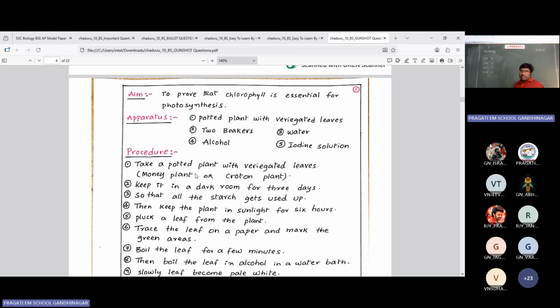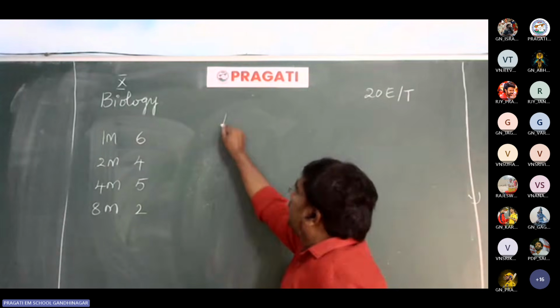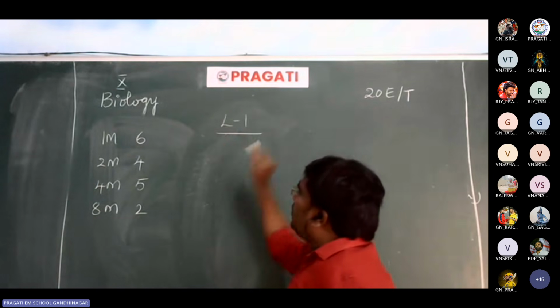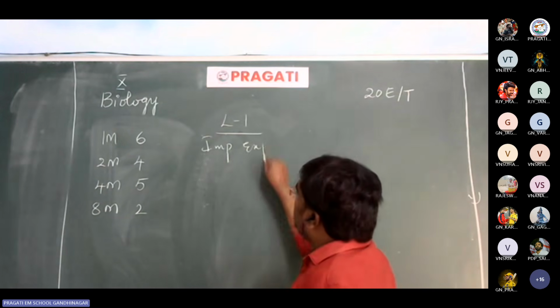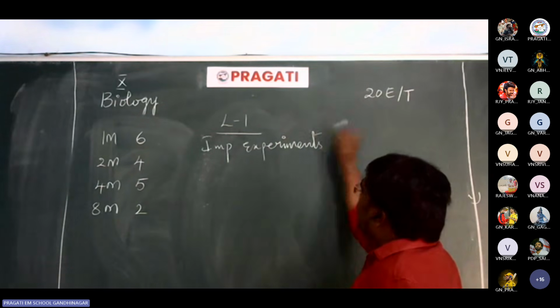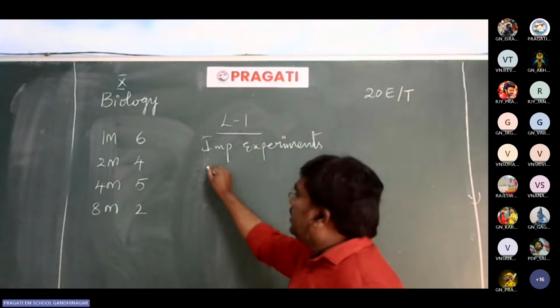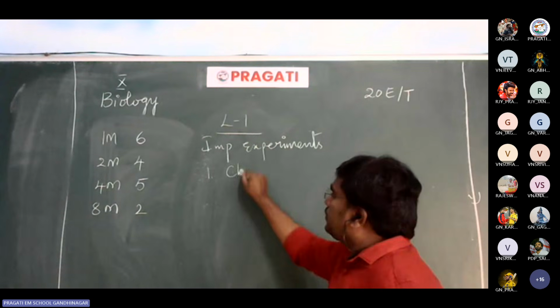Total 4 important experiments are there in lesson 1, in my expectation. The first one is the chlorophyll experiment.